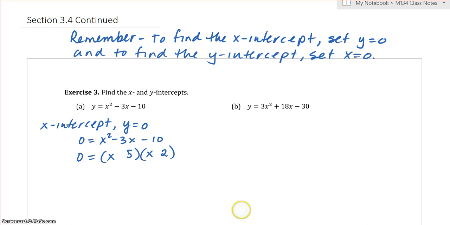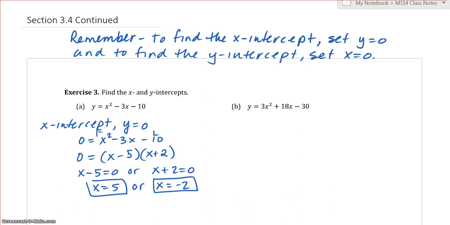5 and 2, right? This is the first. This is the last. 5 and 2 multiplied to 10, and it adds to -3 if I make the 5 negative and the 2 positive. So you can see here we're going to have two solutions. x equals 5 if you add 5 to both sides, or subtract 2 from both sides the second one, you'll get -2.